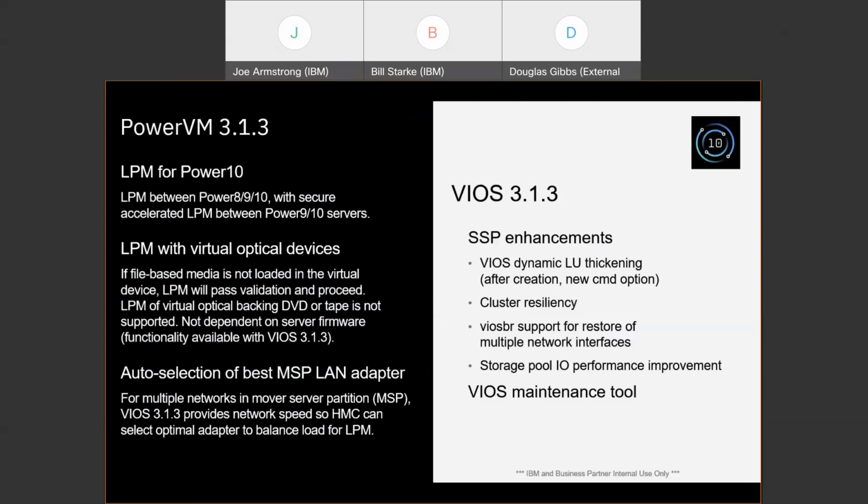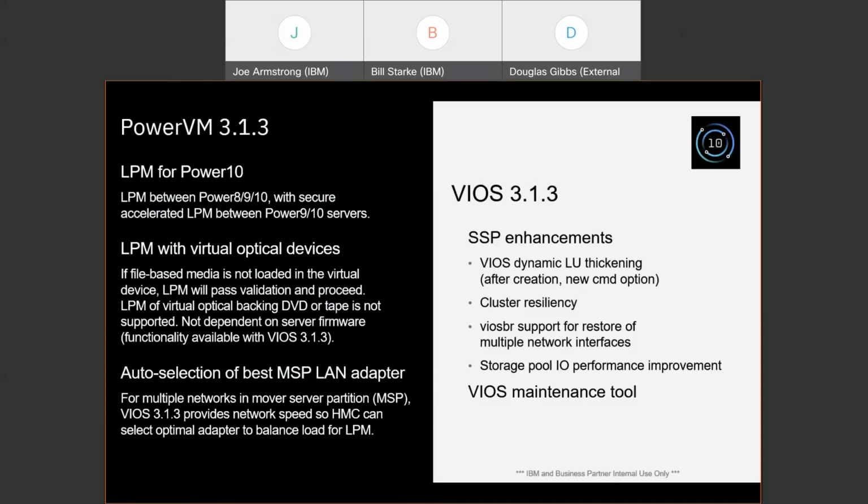VIOS has to be 3.1.3, so there is new VIOS support for this. 3.1.3 improves the scalability of performing multiple migrations. So if you're doing LPM, it enhances the algorithm to select the optimal mover service partition, the MSP, LAN adapter, and that balances the load for the LPM operations.